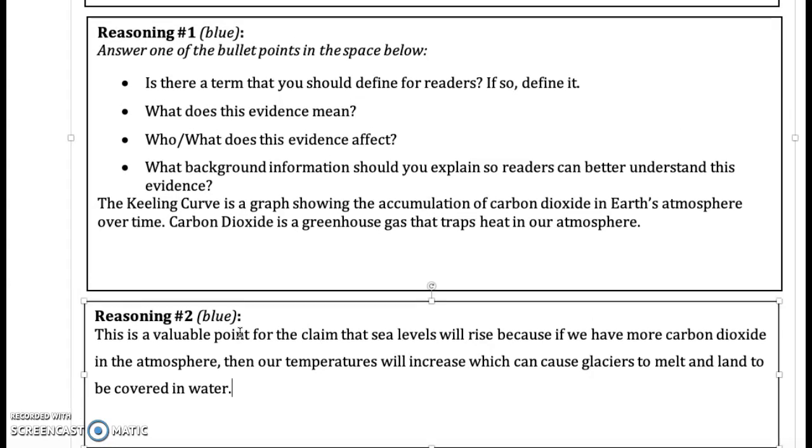So our second piece of reasoning goes on to explain why that evidence supports our claim.